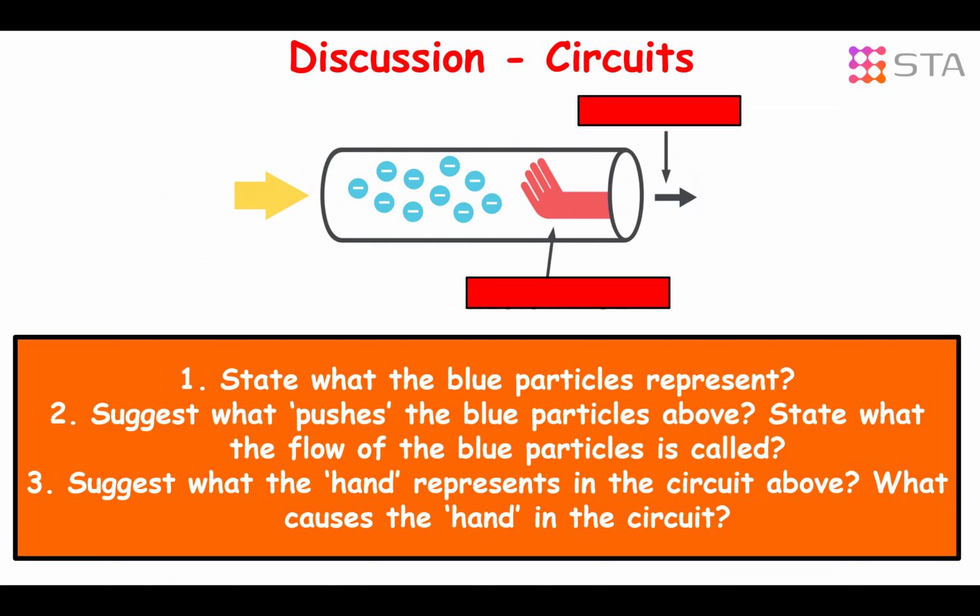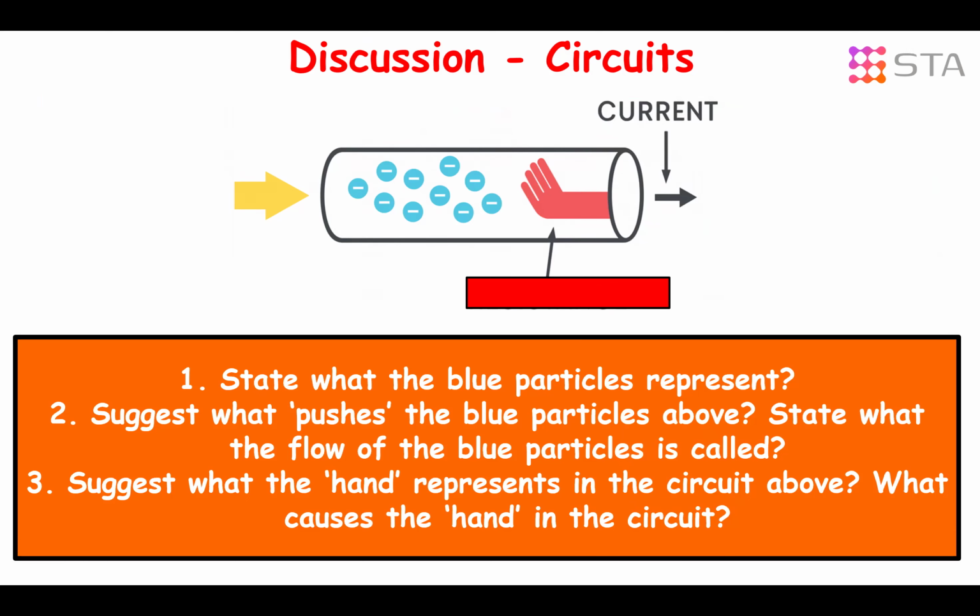So we're bringing together all of the concepts that we've studied. Number three, suggest what the hand represents in the circuit above. What causes the hand in the circuit in our model? Okay, so that is the copper wire. We've got blue particles. Just pause the video and have a think about the answers to these questions before I go through them.